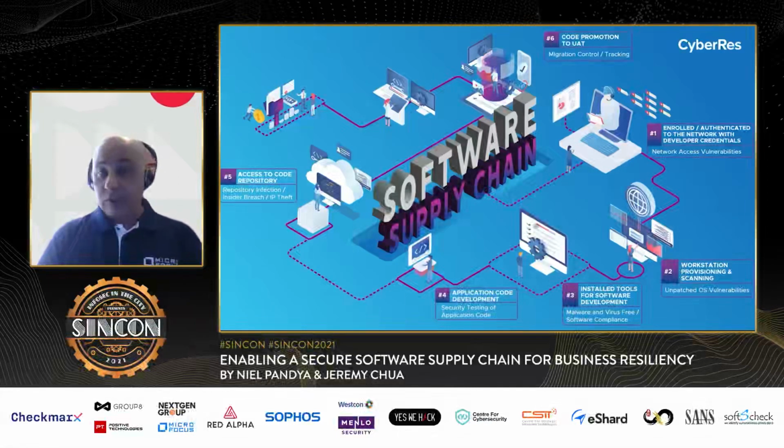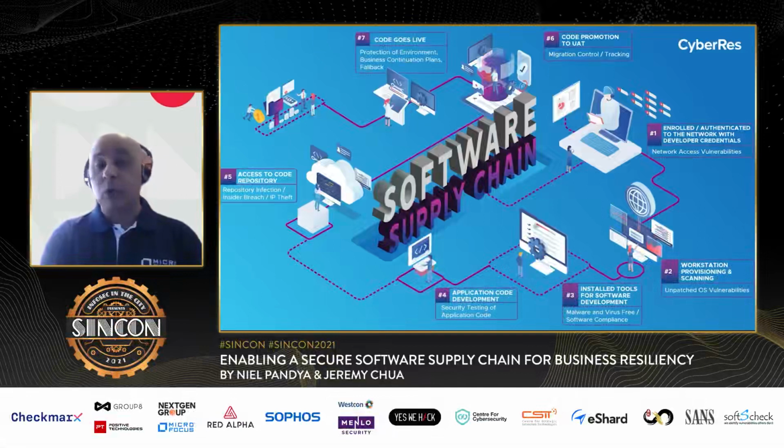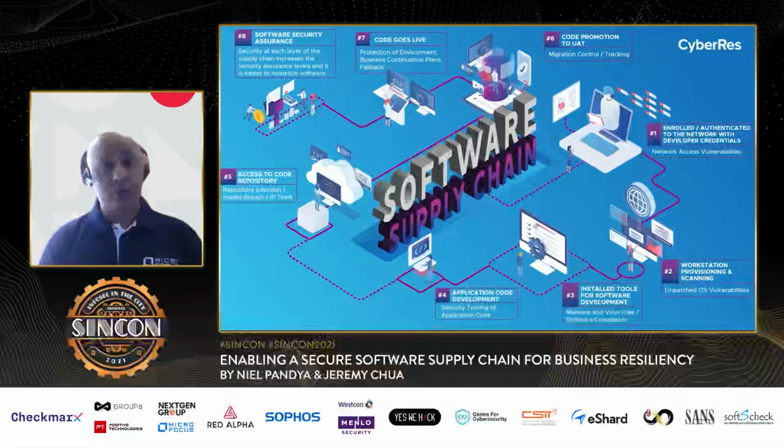Then once the code is ready, it moves into another environment, maybe further testing like a UAT or a system integration. Once the code moves into further downstream testing, it finally moves into a production environment and the code goes live. What we're doing here is we're trying to understand the maturity of our software security assurance.